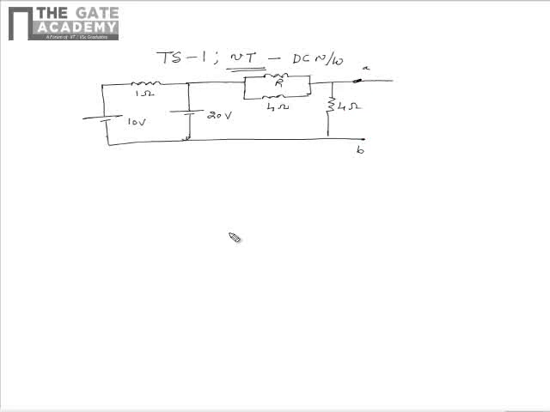There is a resistance of 1 ohm connected in between the terminals A and B. This is the DC network given.